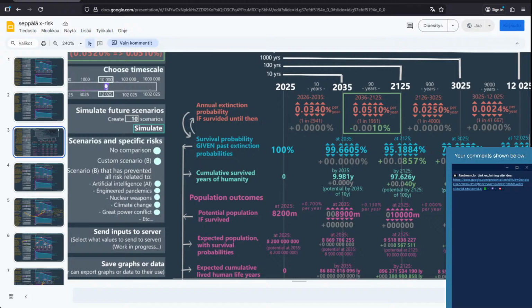If you click one of these arrows and it changes the results, here the user has clicked from 0.052 to 0.051, so then there's a minus 0.001.